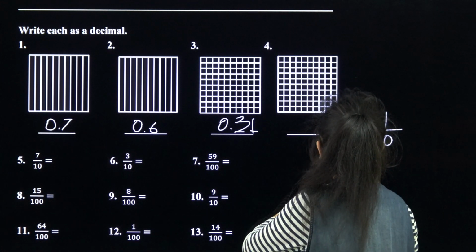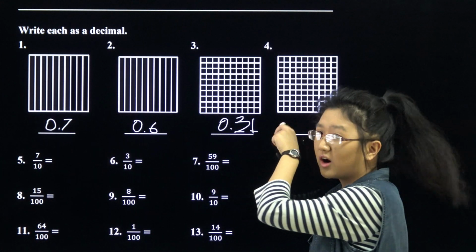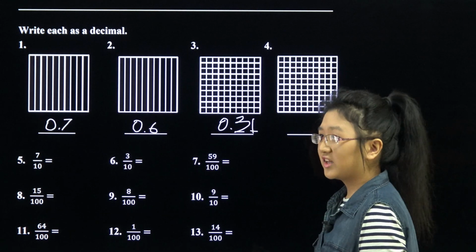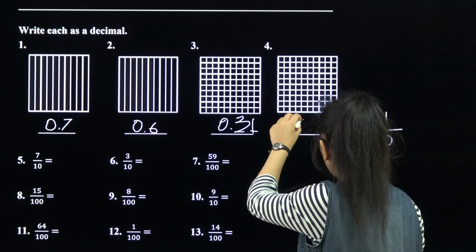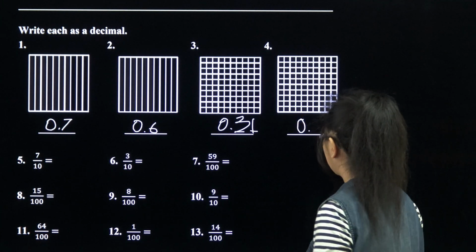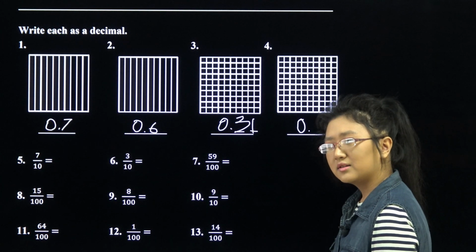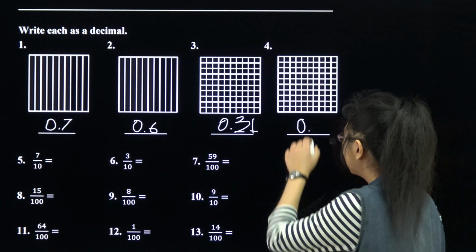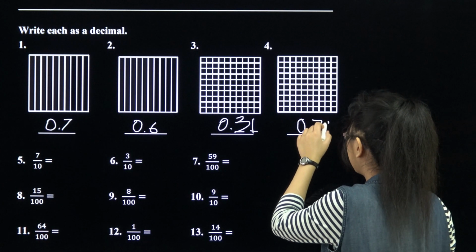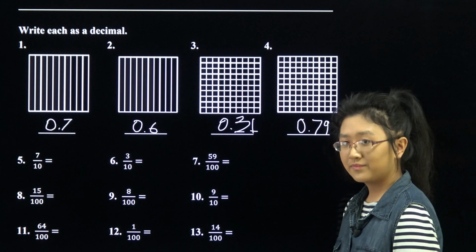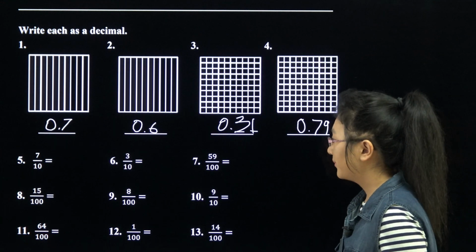What about this one? It's a little hard to see, but it's 79. And there's 100 parts. So it'd still be a hundredth. 79 is 2 digits, 7 and 9. Then we just plop that there. 0.79, 79/100.